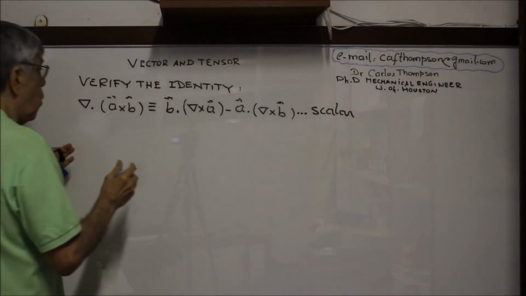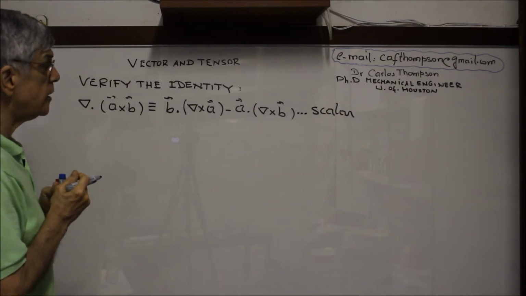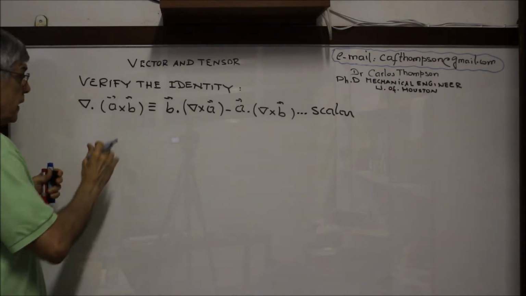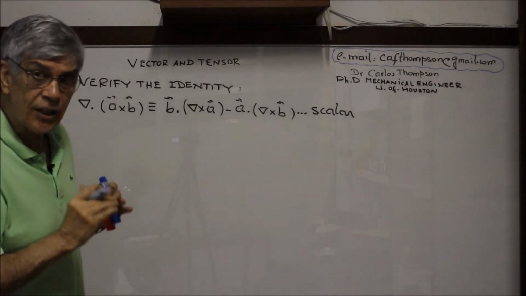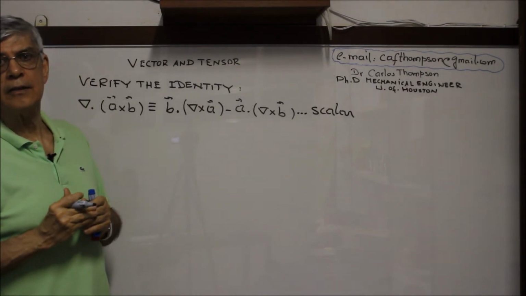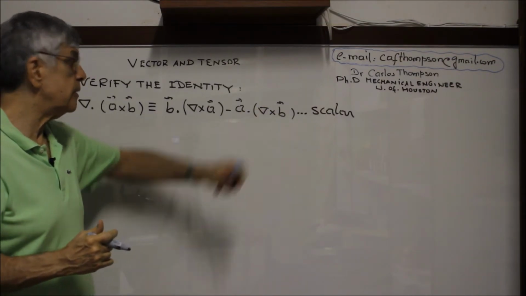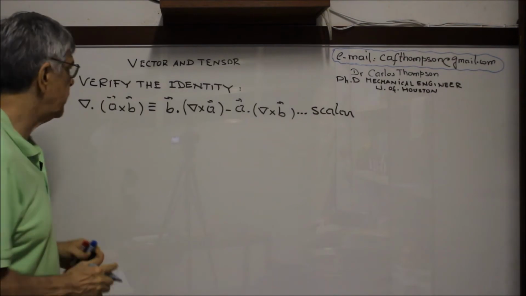So when you use Cartesian tensor notation, in the final result there cannot appear any free index.